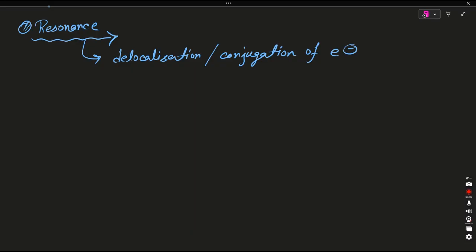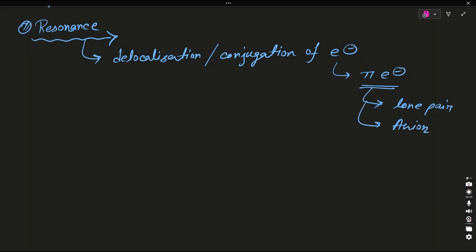Which kind of electrons? Obviously, it's not the sigma electron, it is the pi electron. So these electrons are of two types: one is lone pair, and another is anion.